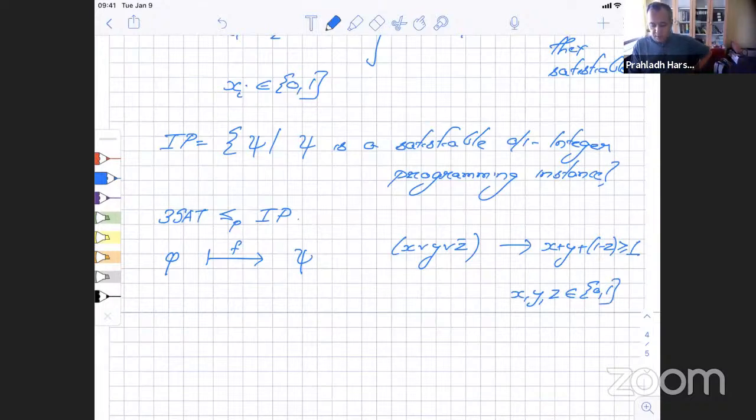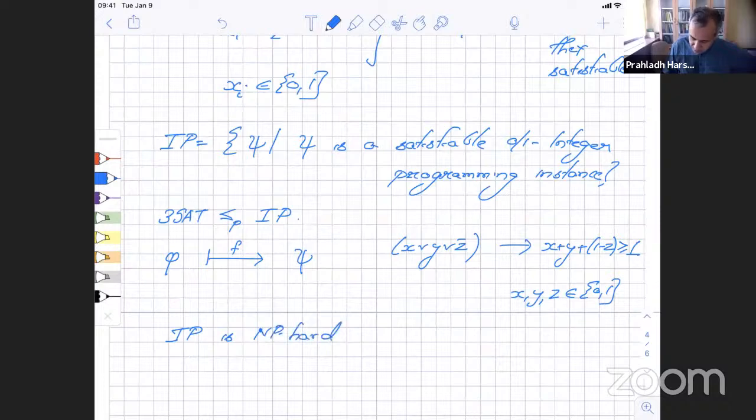So if this target integer programming instance is satisfiable, the only way it is satisfiable is if the original 3-SAT instance were satisfiable. So IP is also NP hard, and it's easy to see it's in NP, because if there is a 0, 1 solution, you can give it as a witness, and you can easily check that it is a satisfiable instance. So IP is NP complete.